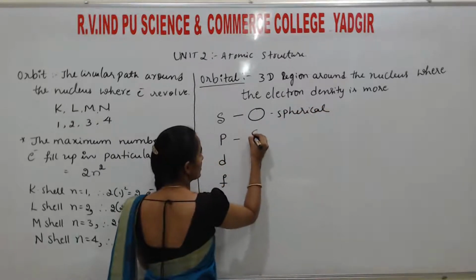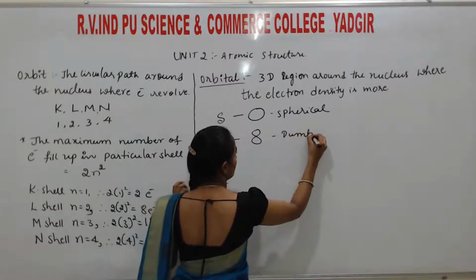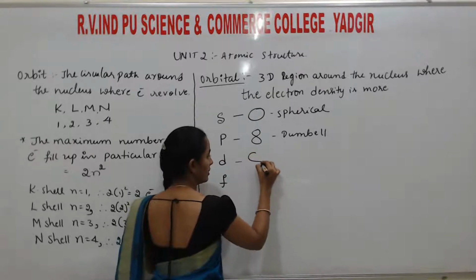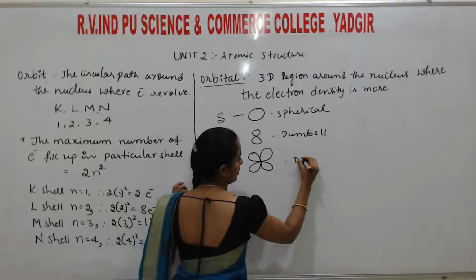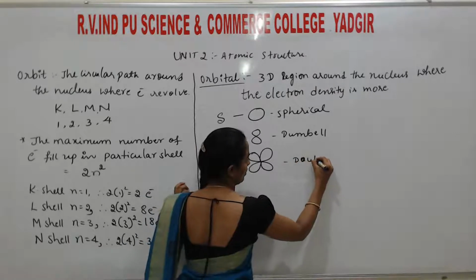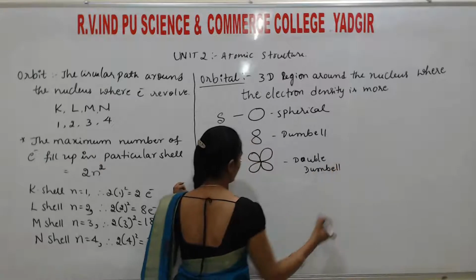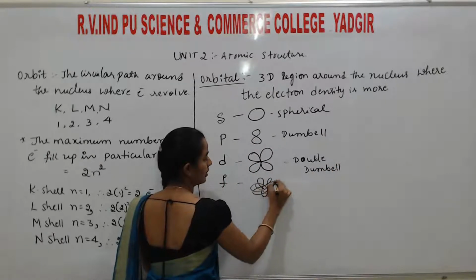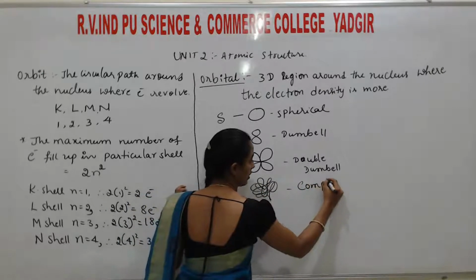P is like this dumbbell shape, and D is like a double dumbbell shape. And F, we cannot determine the shape of the orbital, so it is complex.